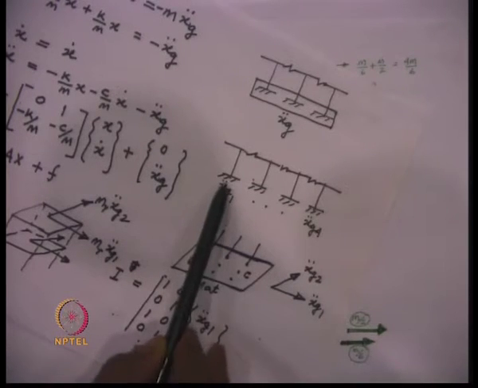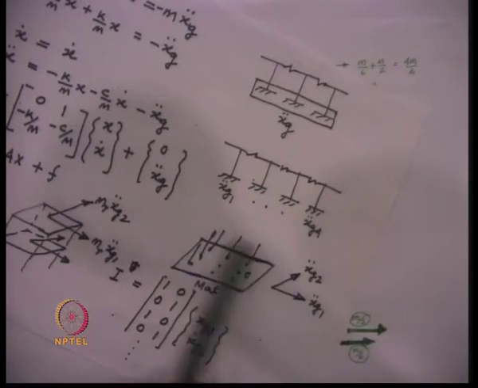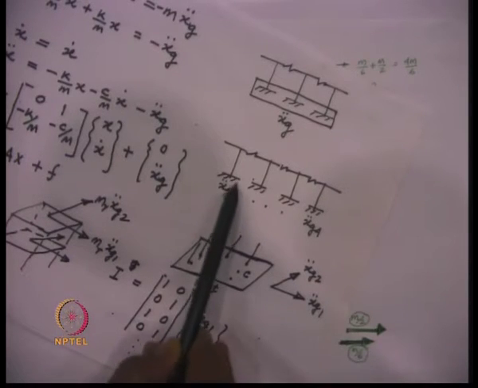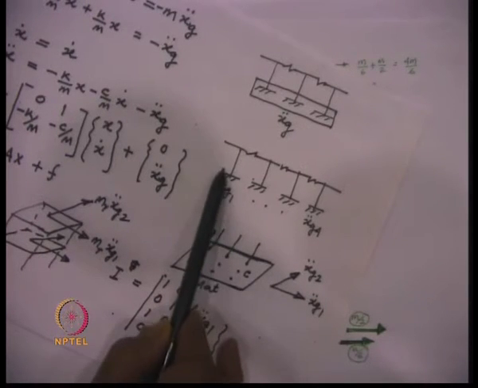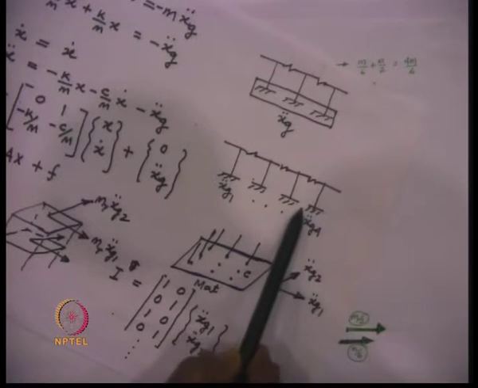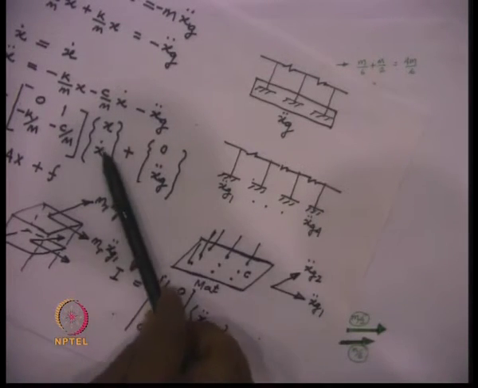And if the supports move differently, that means the ground acceleration at this support is different from the ground acceleration at this support, then we have got a multi support excitation.